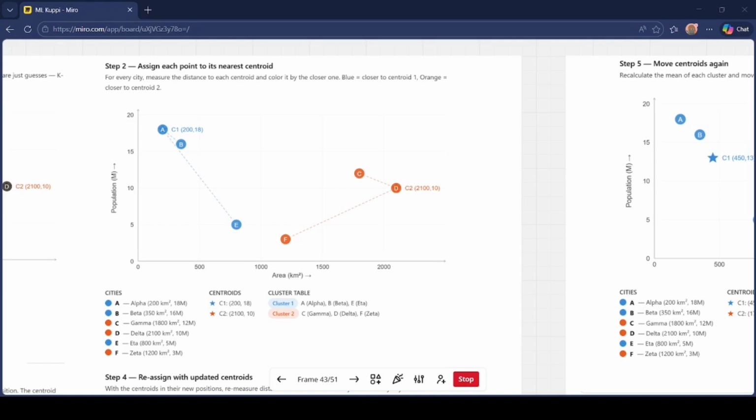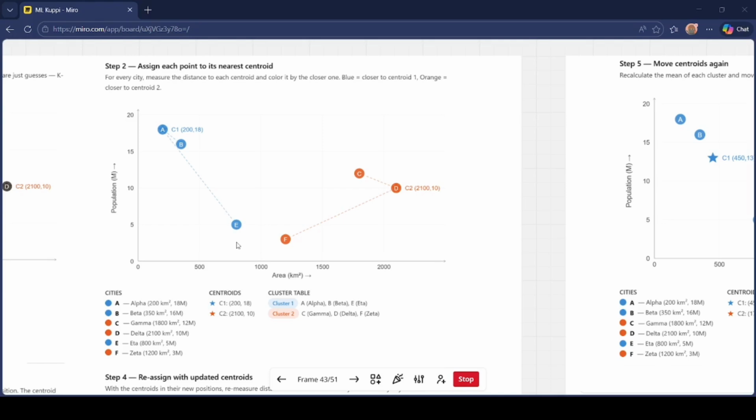We calculate the Euclidean distance between each of these points and the centroids. And now after that, we have created random clusters. Just keep in mind that the random centroids that we have placed are just made up center points. We can drop them anywhere on the chart when we are going through the iterations, and then we assign every city to its nearest centroid.